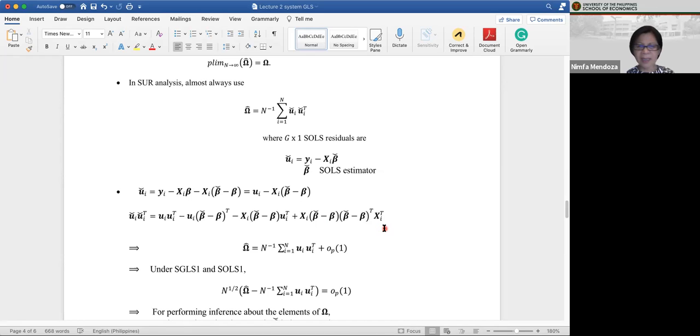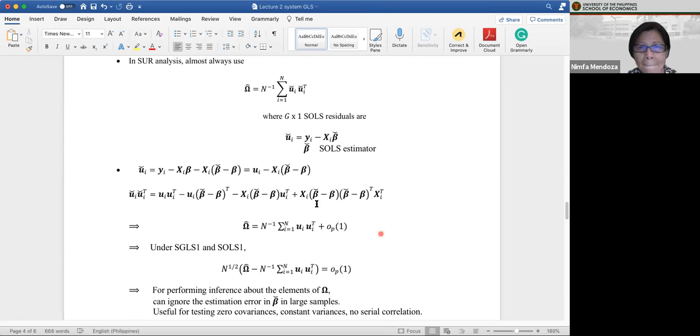Just verify that you get this result. Then if you substitute this expression, you get n minus 1 times the summation of this term, plus other terms which converge to 0.